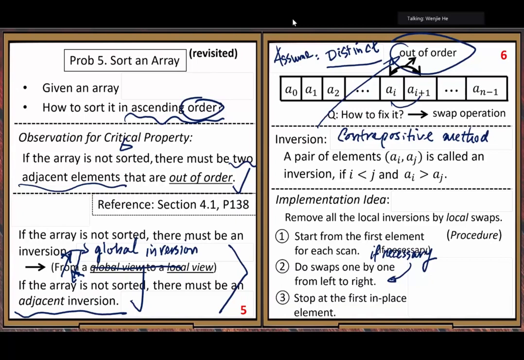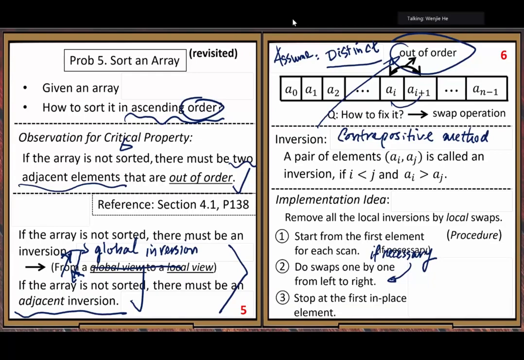So you have not completed. You have to do another round of scanning to fix the remaining inversions, because you cannot guarantee no inversions exist anymore. So you need to do the second round scan.